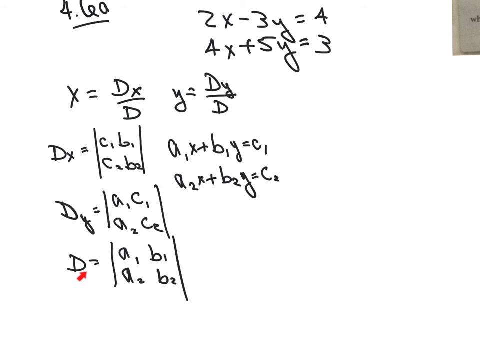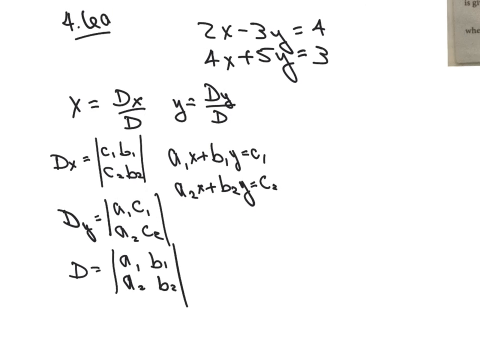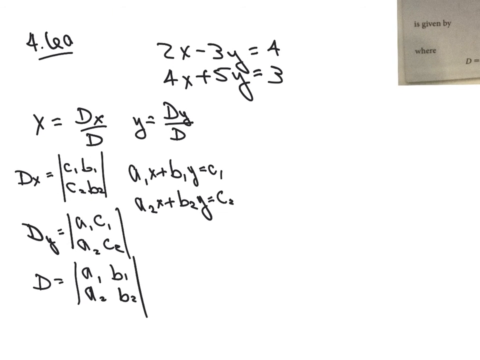And then when we do the D, we leave the C's out. Okay, I know this is really, really confusing. So let's go ahead and use this equation that we have right here and follow this procedure and see what we come up with.